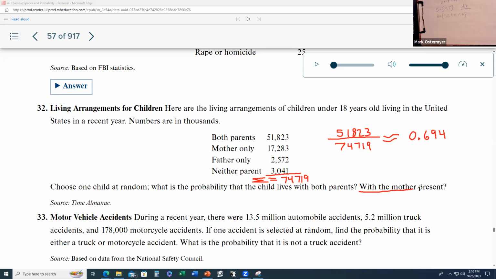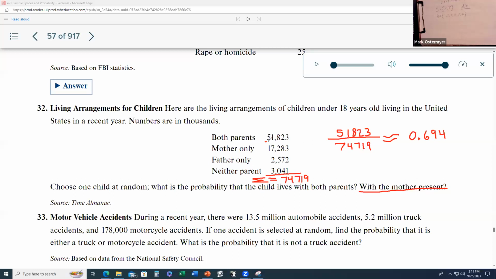With the mother present, what's the probability of randomly selecting a child and the child living with the mother present? Well, how many of the children surveyed, of the 74,719 children, had living arrangements with the mother present?